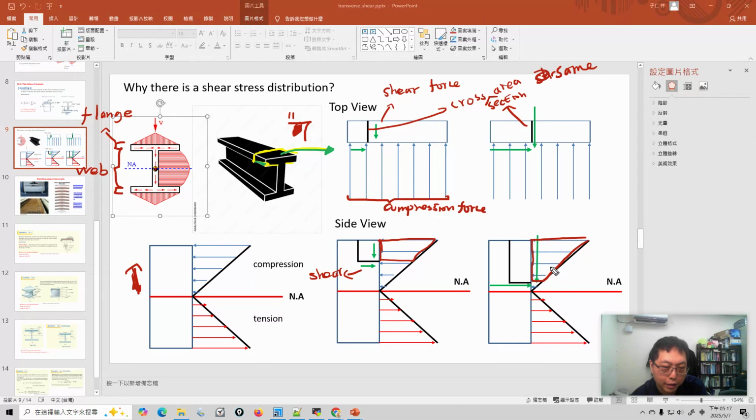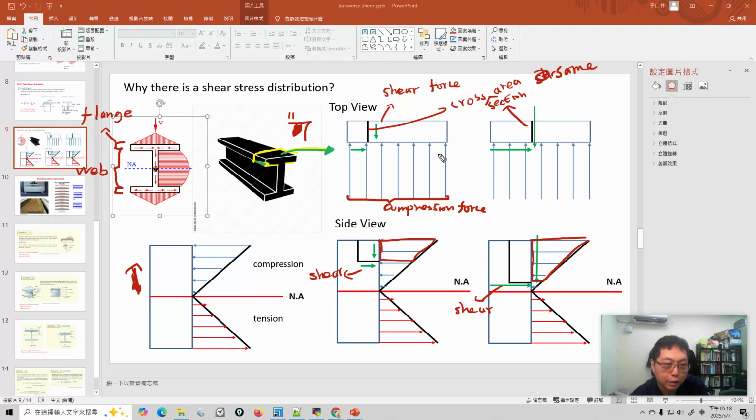The bottom of the right hand side experiences much more compression force than the bottom of the left hand side, so that's where it needs to generate greater shear force. The right hand side must generate greater shear force compared to the left hand side to reach the rigid body equilibrium.